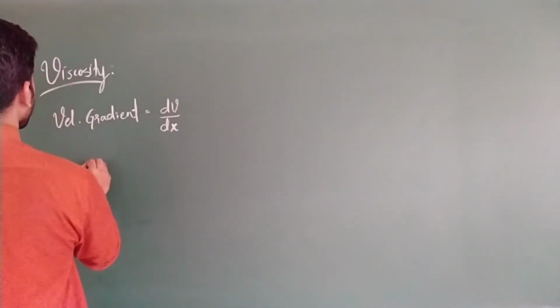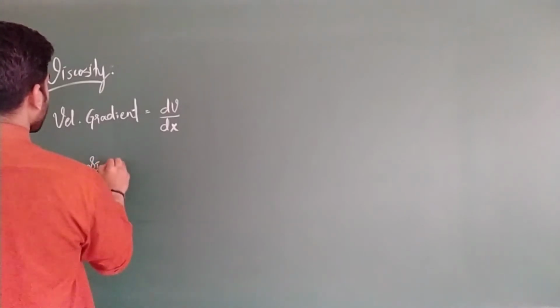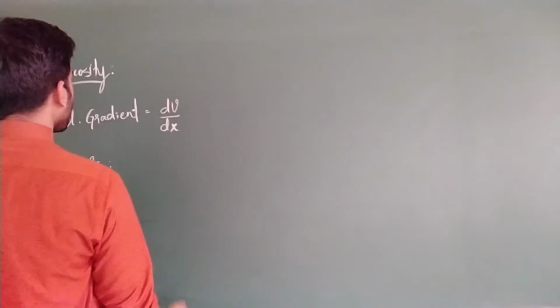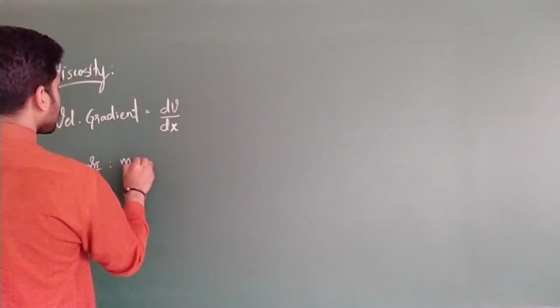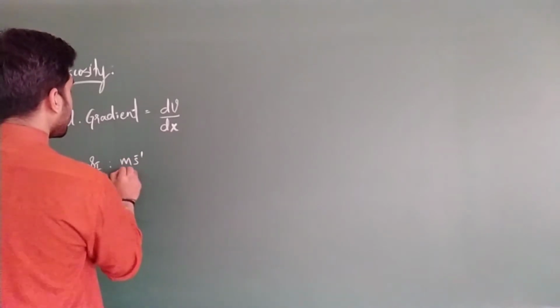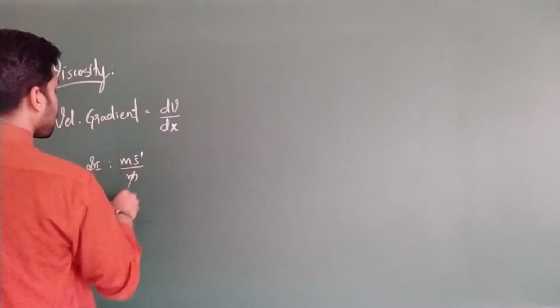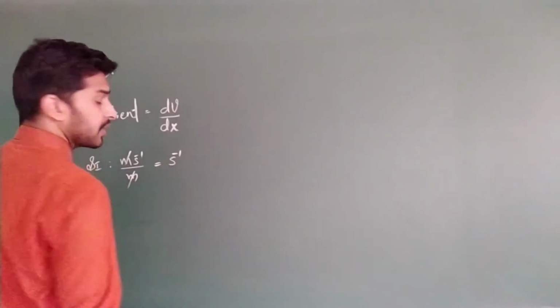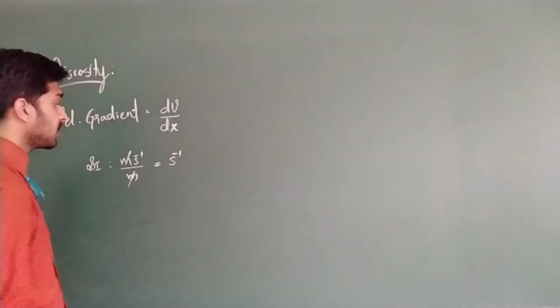If I want to discuss the SI unit here, what will it be? For velocity v, the SI unit is meter per second, correct? x is meter. The meter will get cancelled, and we will be left with s to the power minus 1. Clear?